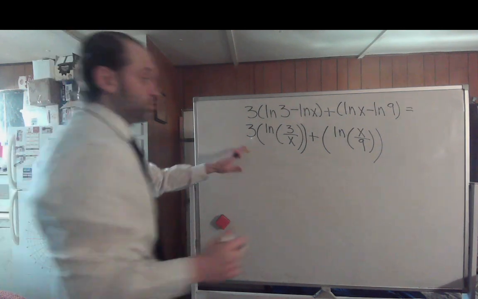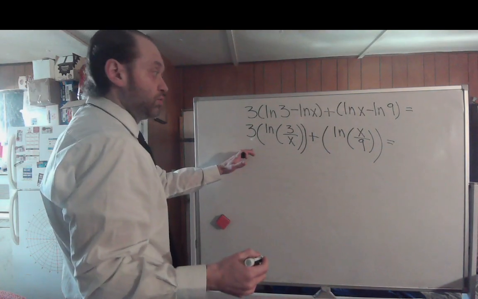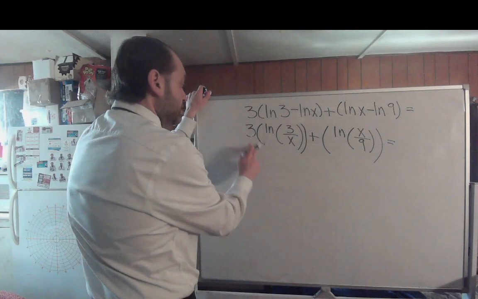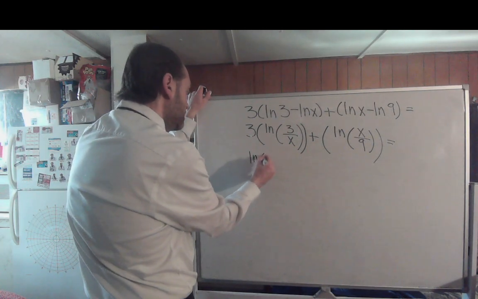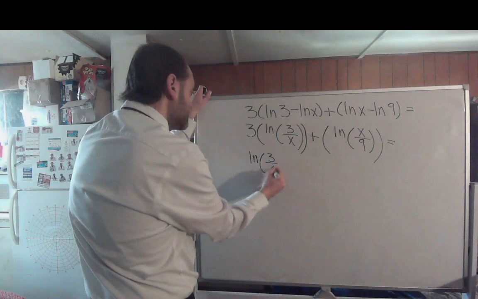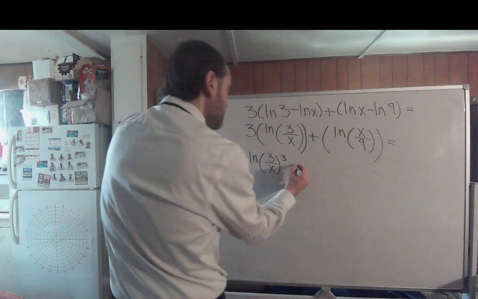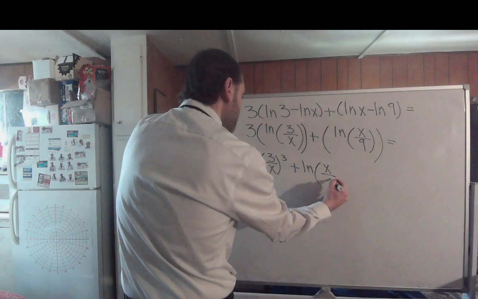Now on the first one you have a power rule, don't you? So you take the first one to the third power. This would be the natural log of 3 over x to the third power plus the natural log of x over 9.